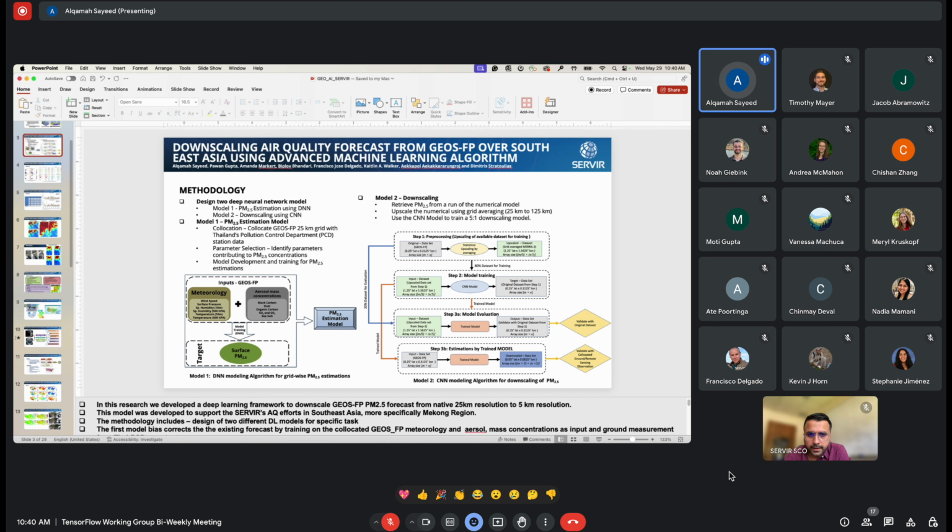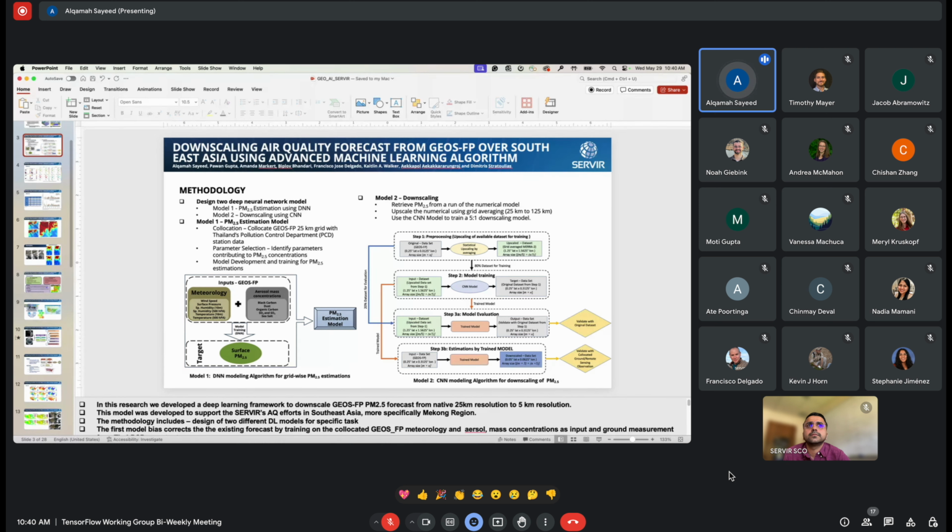The underlying assumption, as I was telling Chisan, if I'm pronouncing your name right, is that spatially the 125 kilometer and 25 kilometer will have the same kind of differences as 25 kilometer and 5 kilometers. Therefore, we did this algorithm design, and then we evaluated the model.